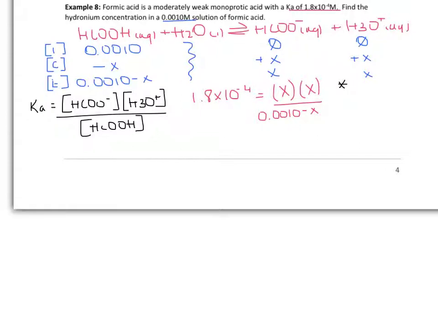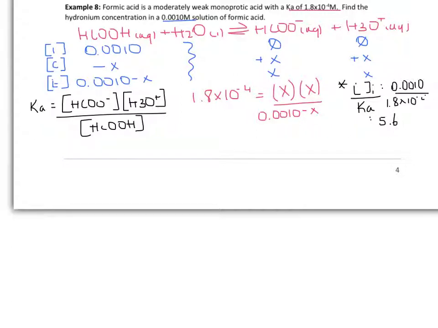Our initial concentration over our Ka value. Our initial concentration here is 0.0010. Our Ka is 1.8 times 10 to the negative 4, and we want this to come out to be greater than 500.